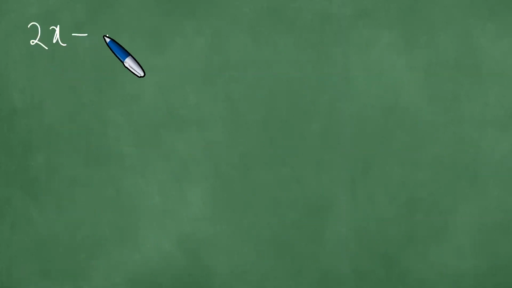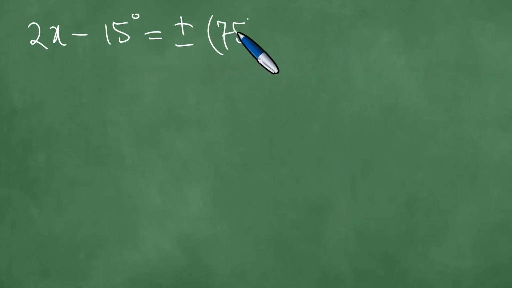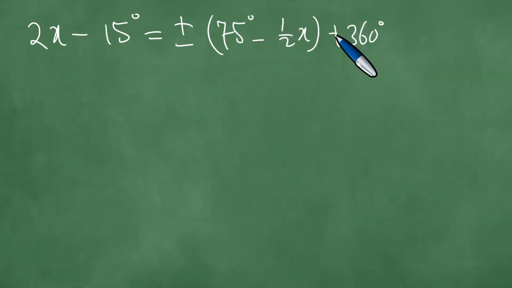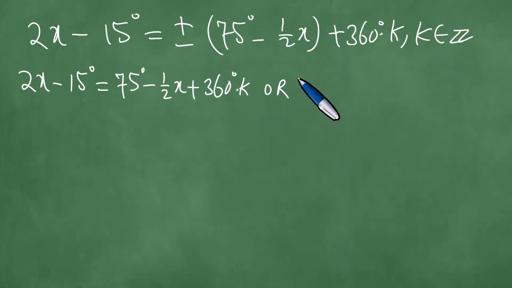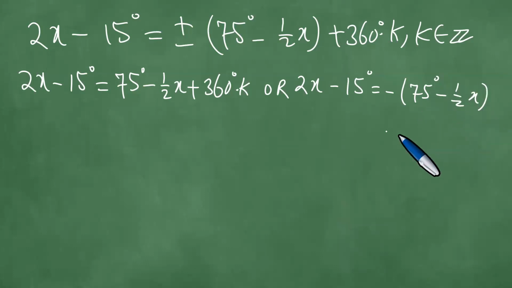Twice x minus 15 is plus or minus 75 degrees minus 1/2 x plus 360 times k, where k is an element of the integers, which means we have twice x minus 15 degrees equals 75 degrees minus 1/2 x plus 360 degrees times k.